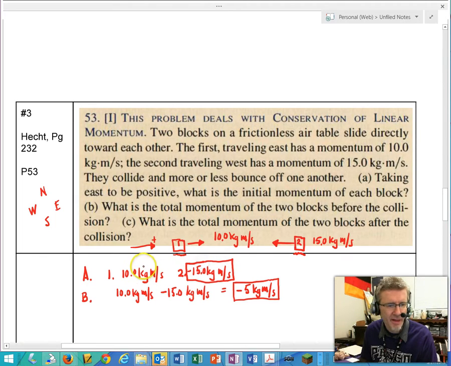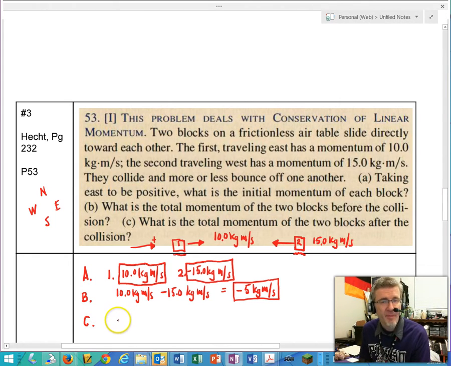And then after collision, part C, we're going to say that because there's no external force, momentum is conserved. Remember our condition for momentum conservation: there's no external force.